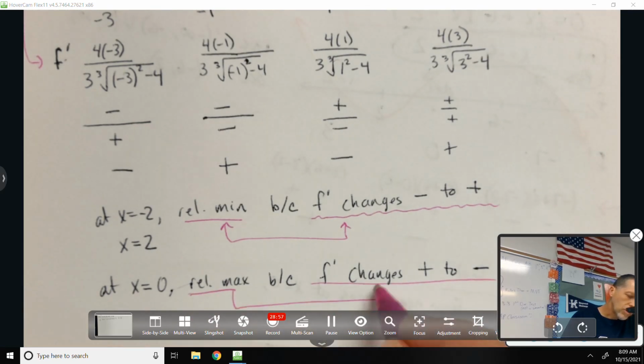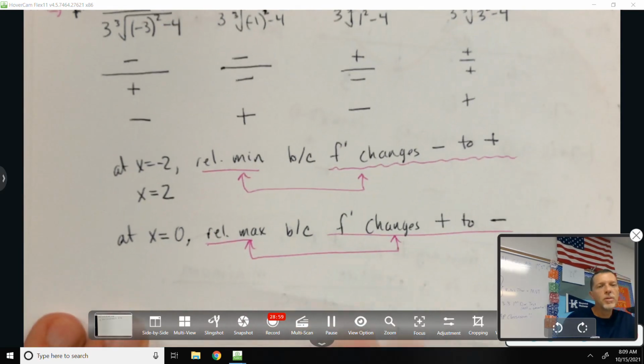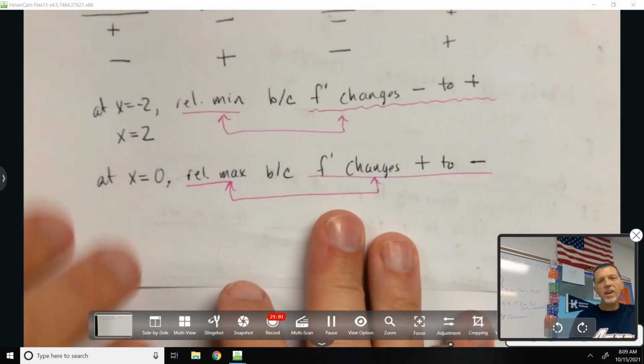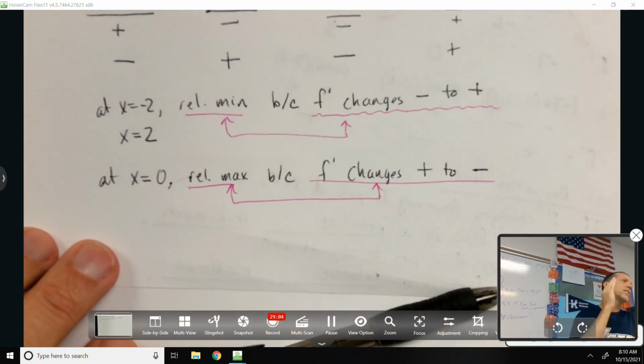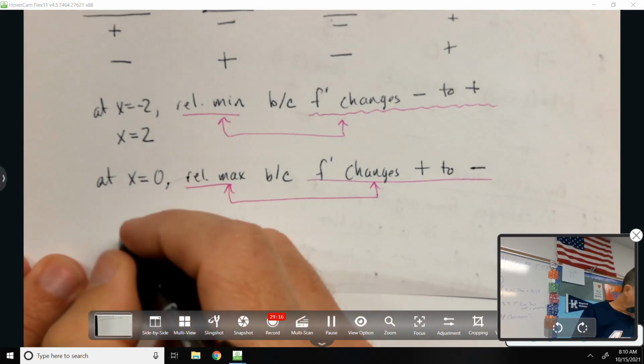Again, those are always going to be linked, but you don't really memorize them, you just think about them. If f prime changes positive to negative, that's a max. If f prime changes negative to positive, that's a min. So I guess some people memorize them, but I never thought it's worth it. Like, just think about it.